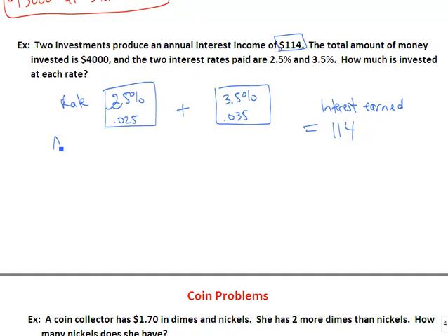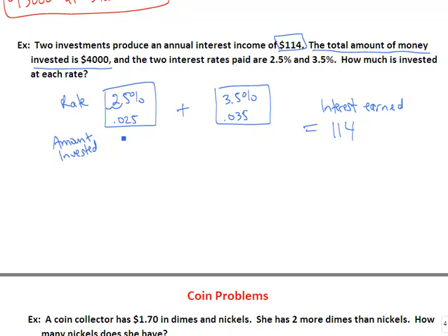Now underneath these, let's write the amount invested. In this example, what do we know about how much is invested? We're told that the total amount of money invested is $4,000. So we don't really know how much we're putting at 2.5% and how much we're putting at 3.5%. But we only want to use one variable.